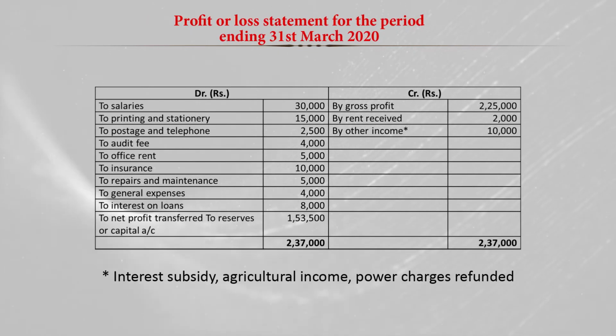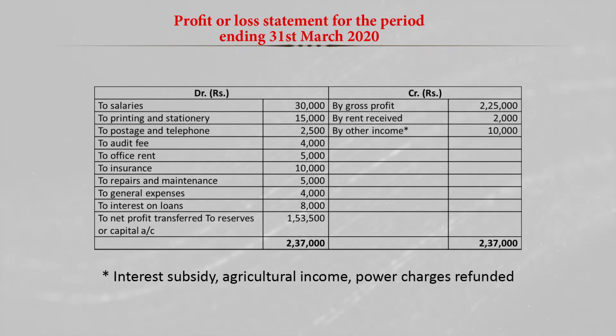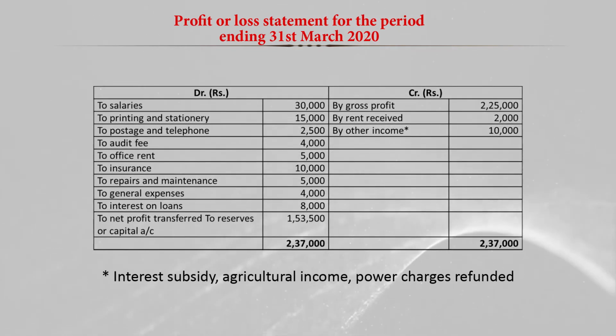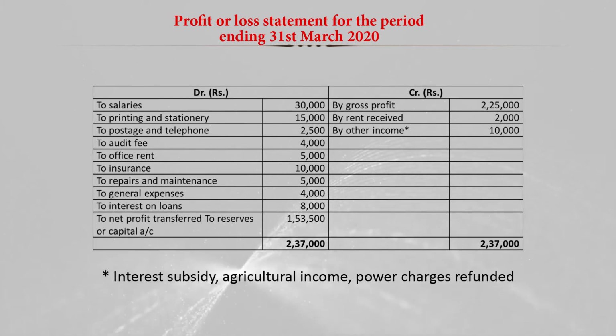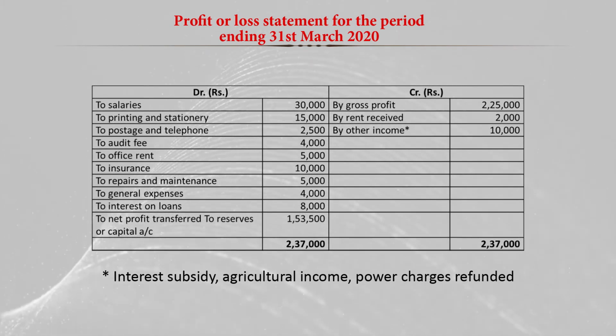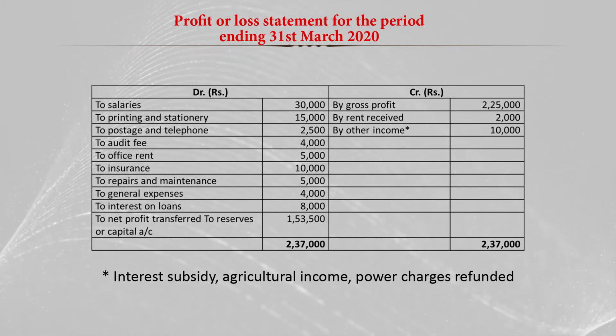Then this is another example where the income statement or profit and loss statement is presented in horizontal form, basically on two sides. On the left hand side we have presented the debit, and on the right hand side we have presented the credit. Figures are given in rupees.